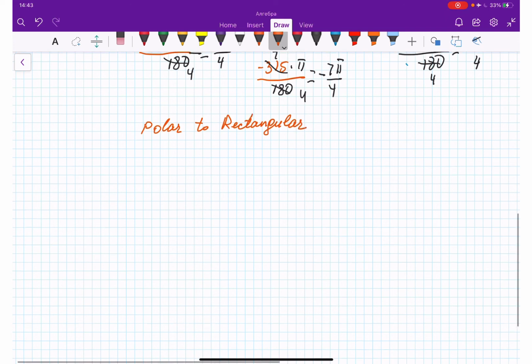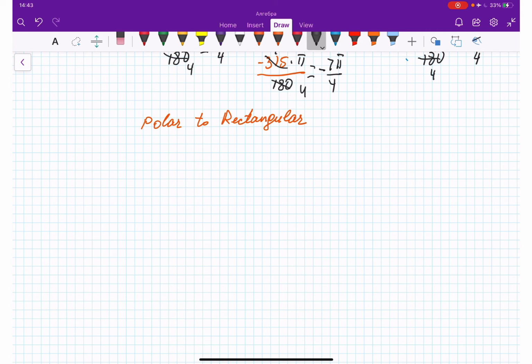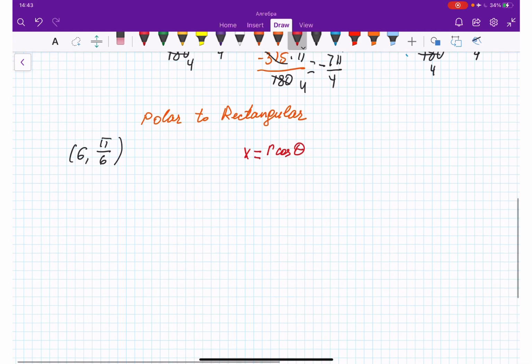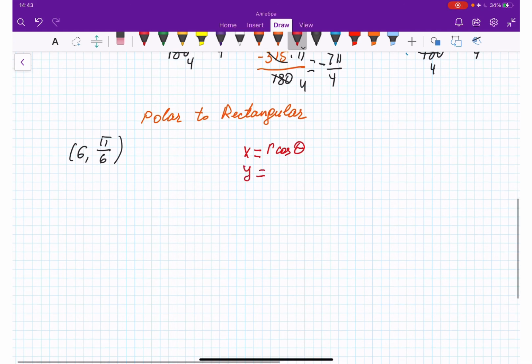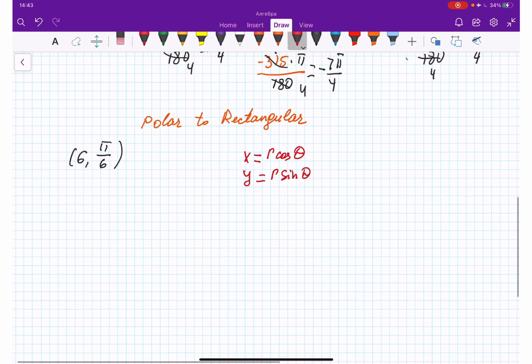Okay, so we are given 6 and pi over 6. The formulas we are going to use are the following: x is equal to r cosine theta, and y is equal to r sine theta.